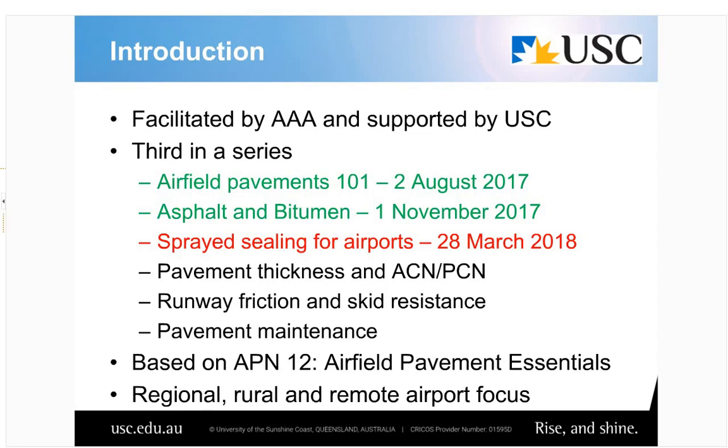So of all the things that, in my experience, regional airports are particularly challenged by, my three hot points are spray sealing, ACN PCN, and friction and skid resistance, which is the one after, which I'm guessing will be later in the year, maybe October or November.